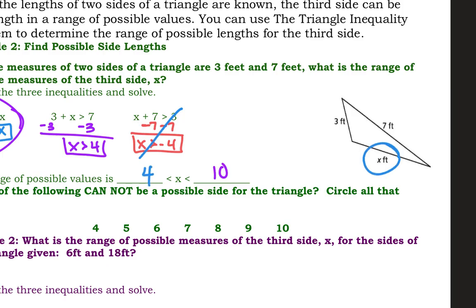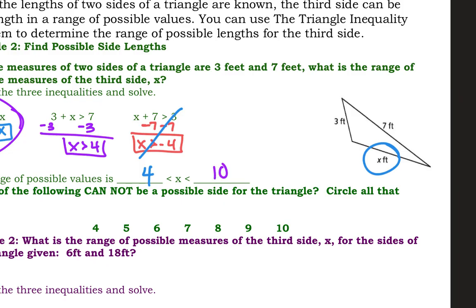Now, if you read this carefully, you read it as 4 is less than x, which is less than 10. You can also read the same statement as x has to be between 4 and 10. That's the easiest way to read it. X has to be between 4 and 10. Can it be 4, though? Can it be 10?